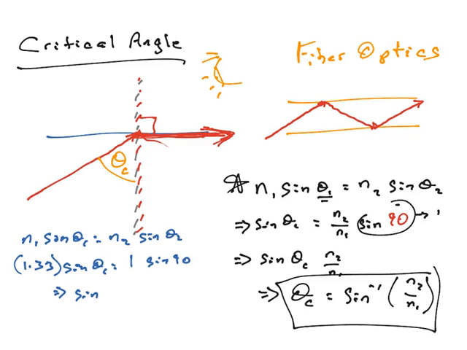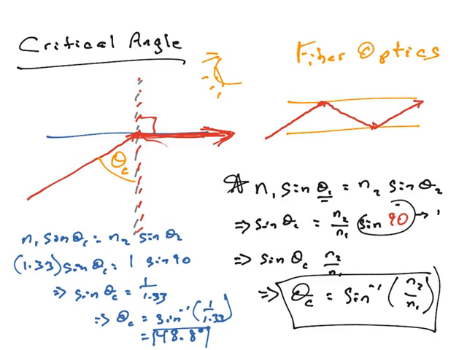So sine theta c is 1 over 1.33. Thus, theta c is inverse sine of 1 over 1.33, which is about 48.8 degrees.